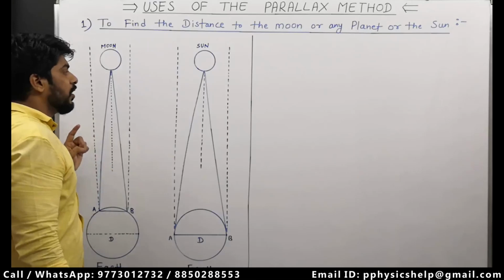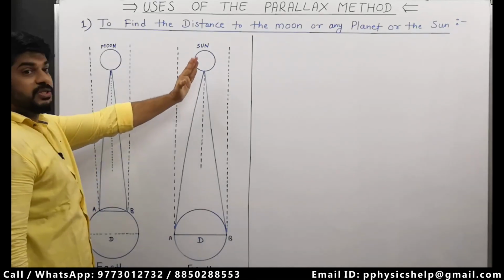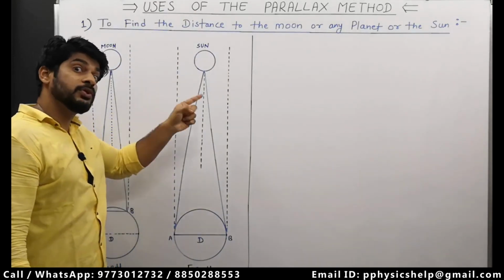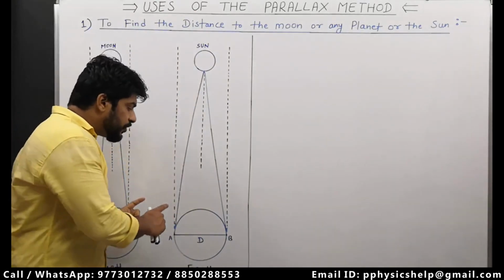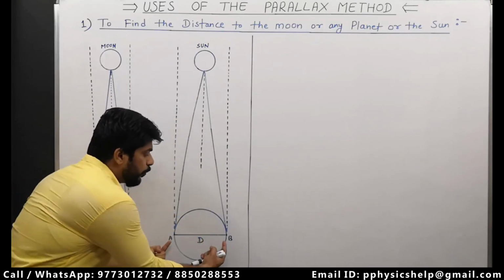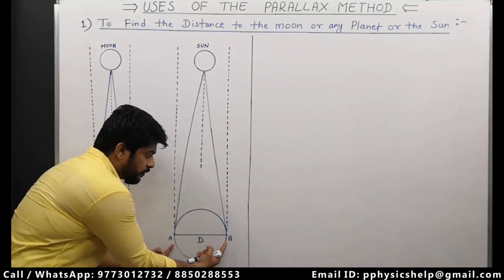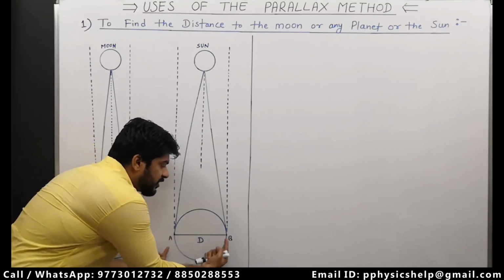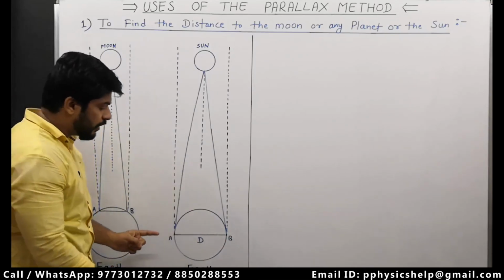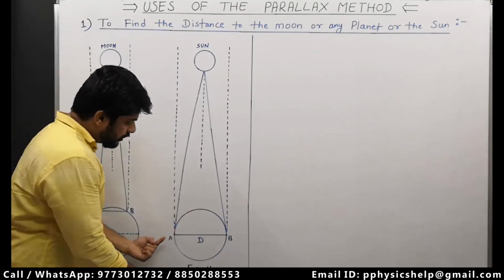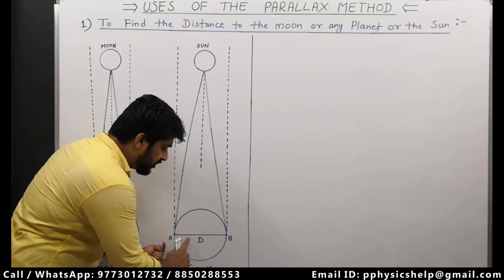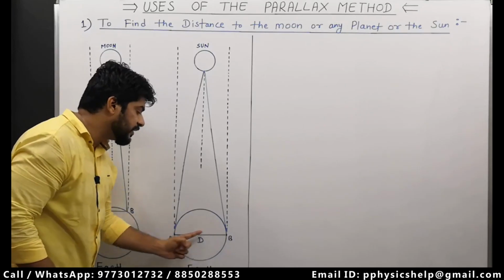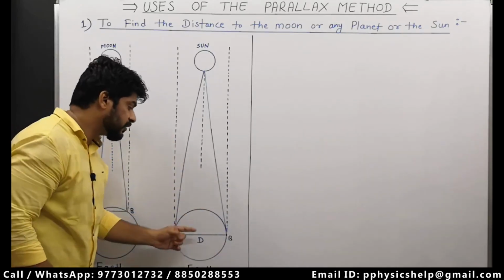So in such cases, when the distances are very large, to observe the parallax phenomenon, we generally choose the 2 points of observation at exactly diametrically opposite points of the Earth. We have chosen here 2 points of observation, and these 2 points lie on the diametrically opposite points of the Earth.